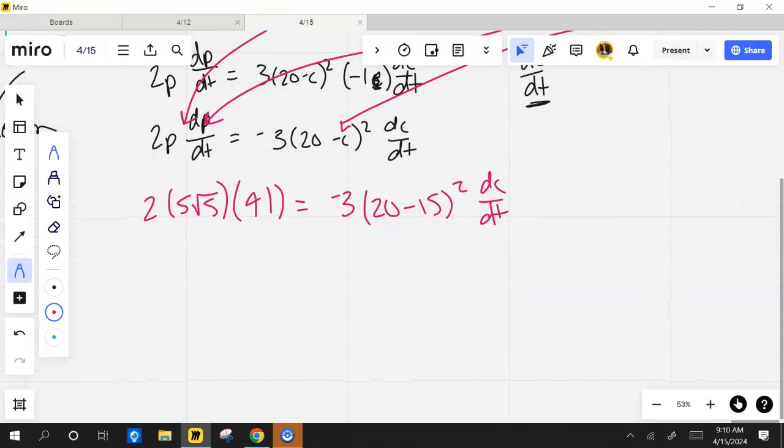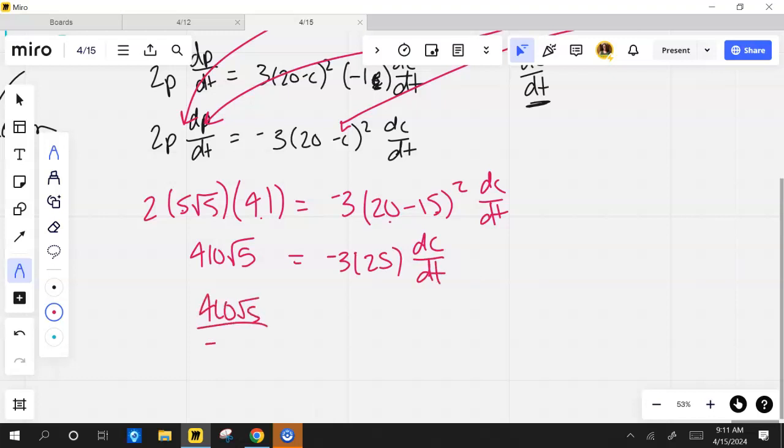This was tough to not have a calculator for, I thought. I have little long multiplications off to the side and all. Let's see, I got 410 root 5 here. 410 root 5 equals -3 times 25, which was 410 root 5 over -75.